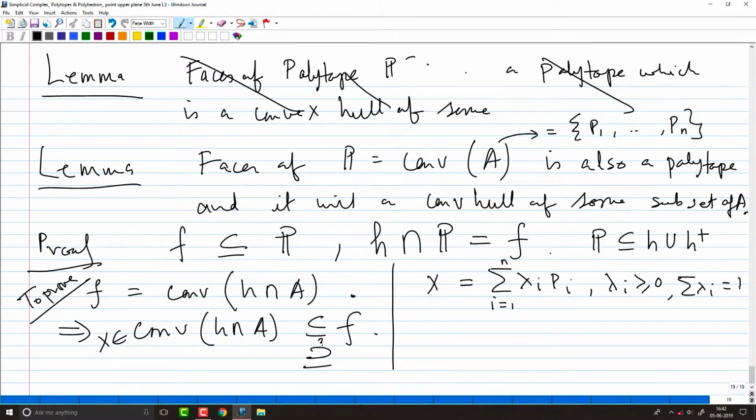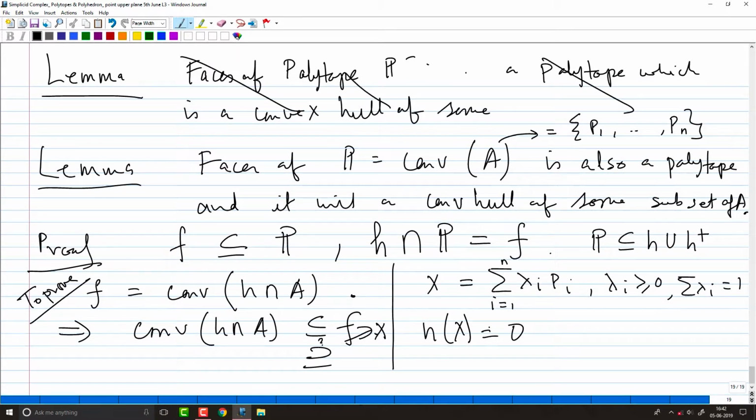Let me take the other direction. I should take X in F. So this X lies on H, because F is equal to P intersection H. I have to show X lies in the convex hull. So H of X is basically 0.